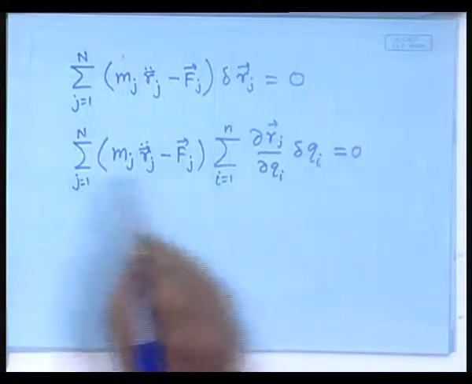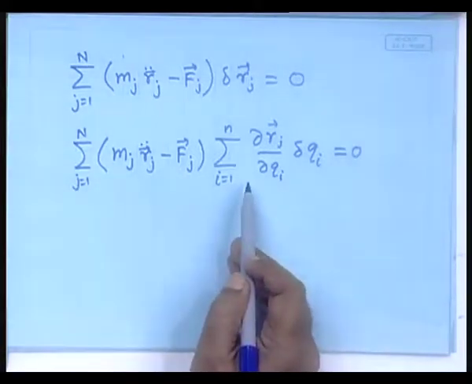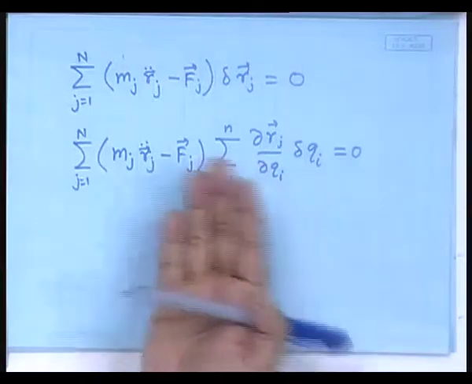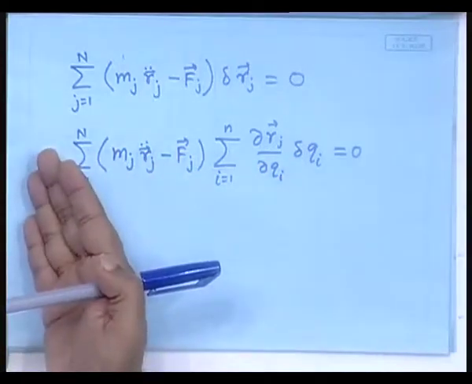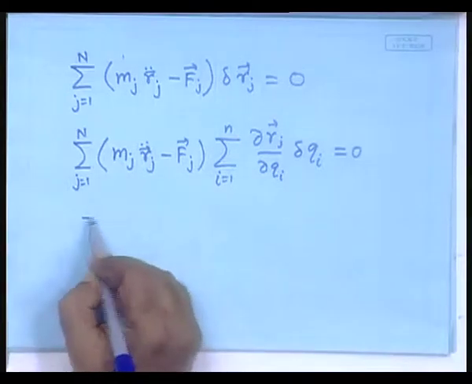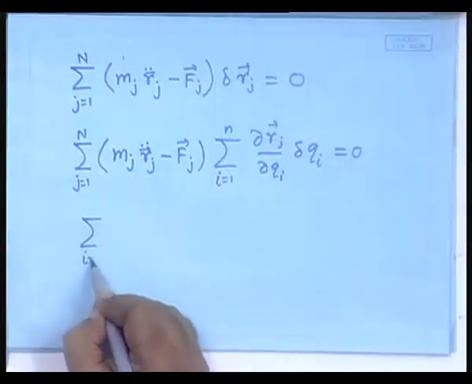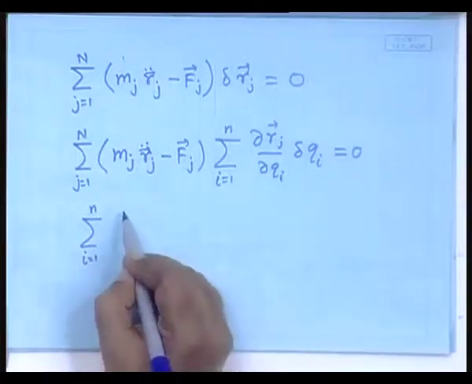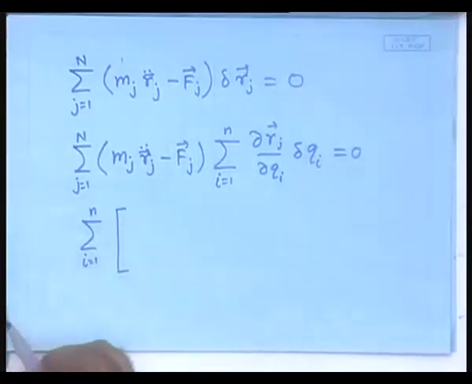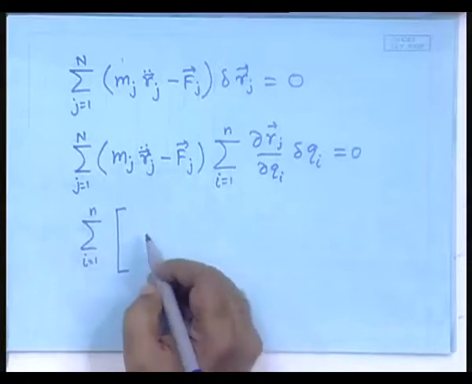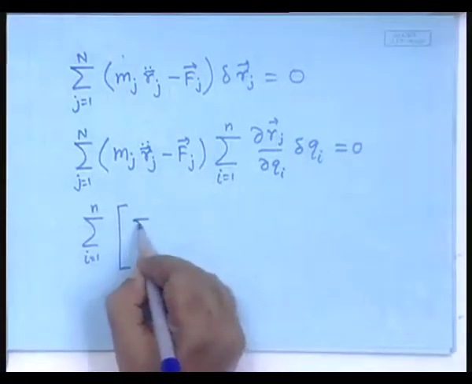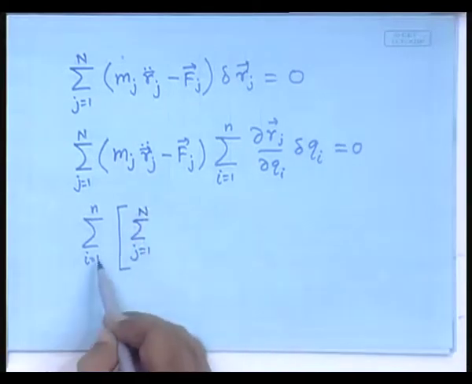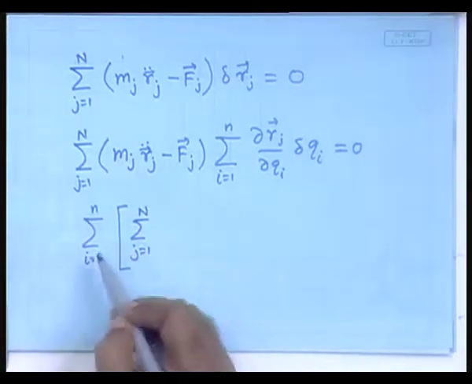Now, there are two summations here and it is immaterial in which order you sum them. So, we bring this summation over i forward. What remains is this term. So, you have the summation over i, and just to recall, what is summation over i?